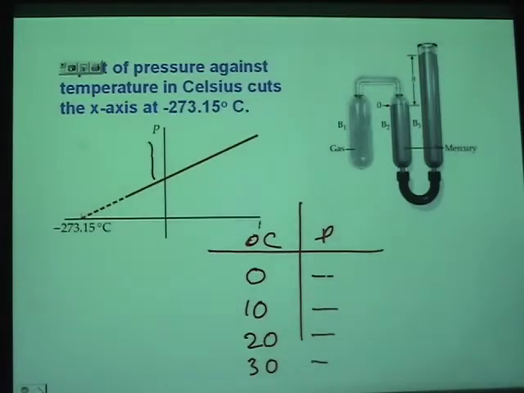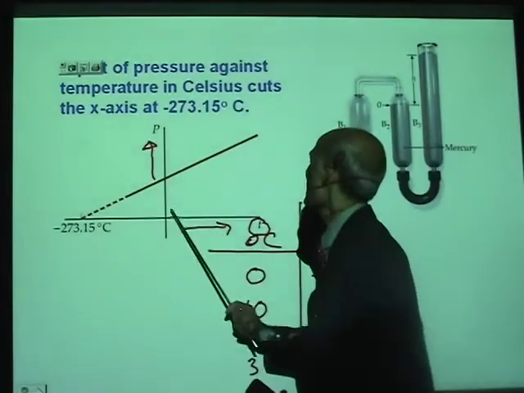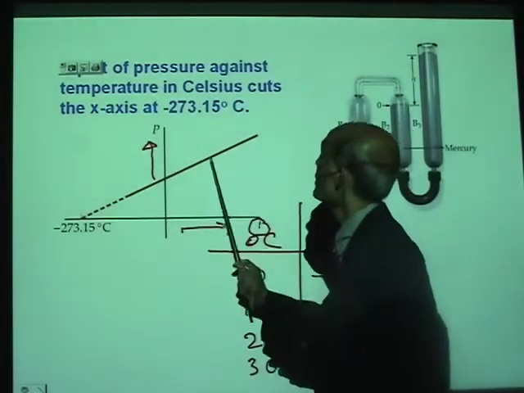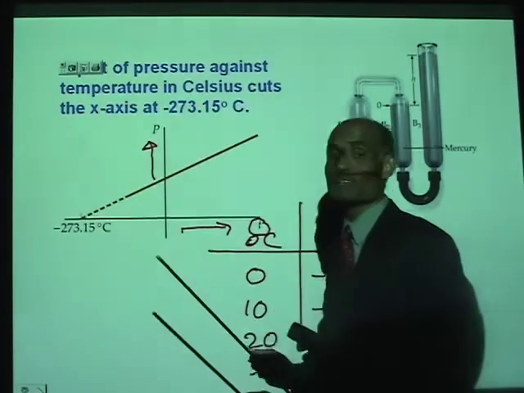And draw a graph of P against T in Celsius. Watch that, it is in degrees Celsius. So draw a graph of pressure against temperature in Celsius. This is the graph you get.